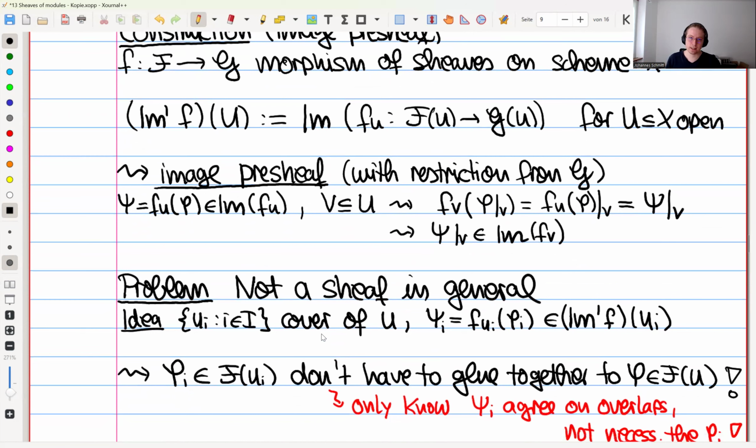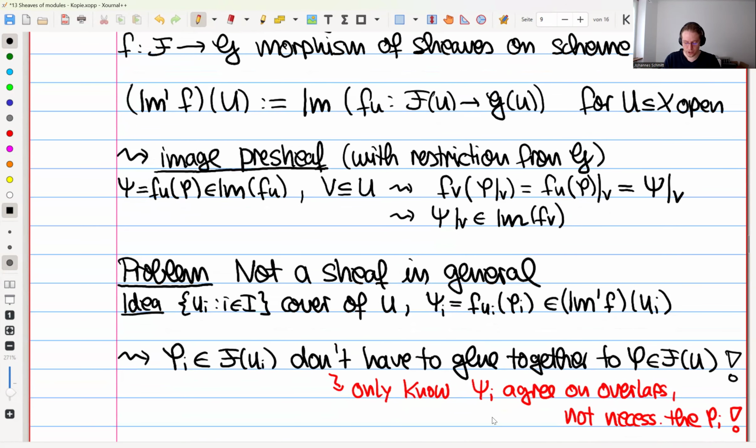The idea why this fails is that if you have an open cover of some U, and you know that you have sections of this image presheaf on each part, so you have this psi i given by fui of phi i on each of these parts, the problem is now we would like to say, well, then we glue together the phi i, getting some big phi which maps to the psi, giving the section on all of U. But those phi i don't have to glue together to some section here.